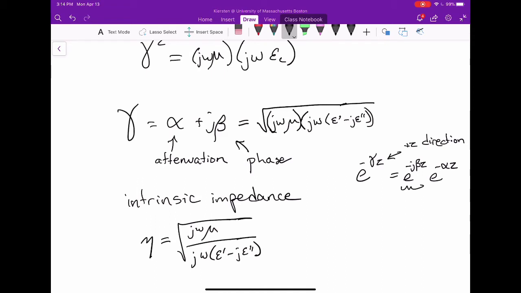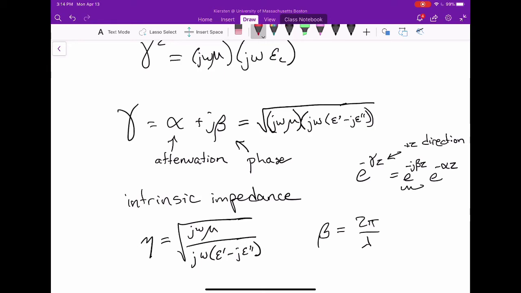There are a lot of different ways to express these things, and just like usual, if you want to find the wavelength, beta is equal to 2 pi divided by the wavelength. So the wavelength is obviously not complex. If you want to find the phase velocity, you can find that using beta. All of that stuff works the same.